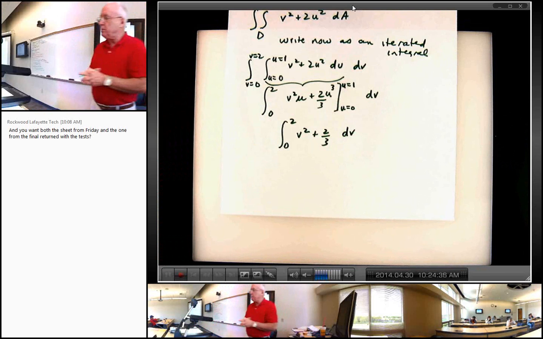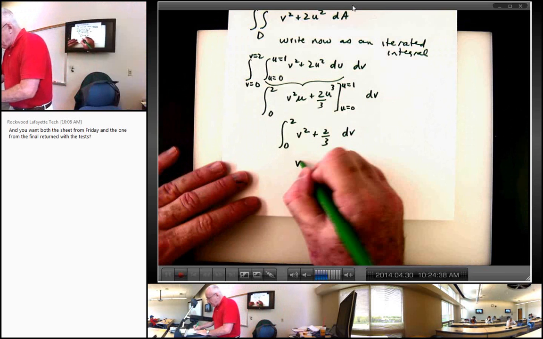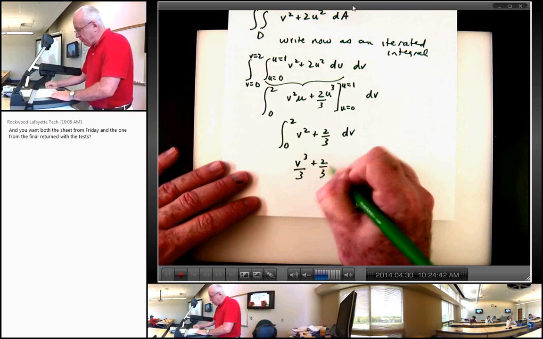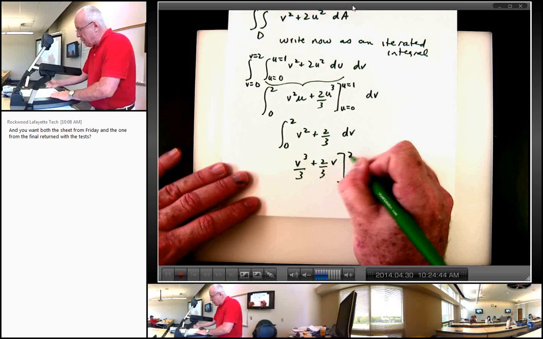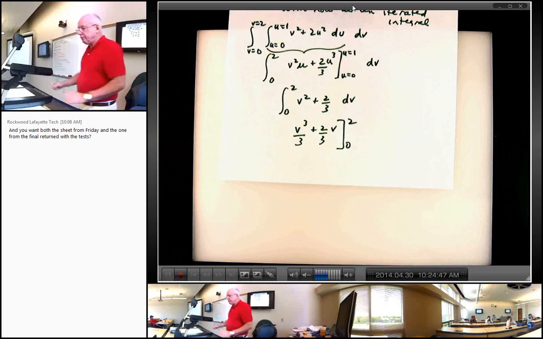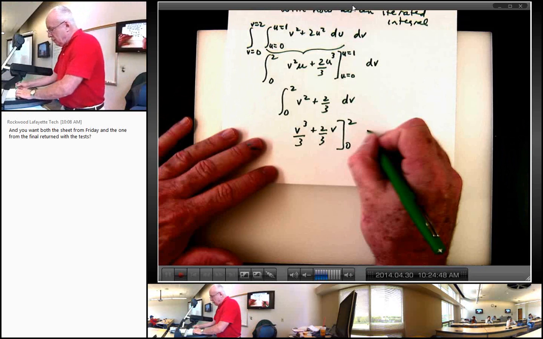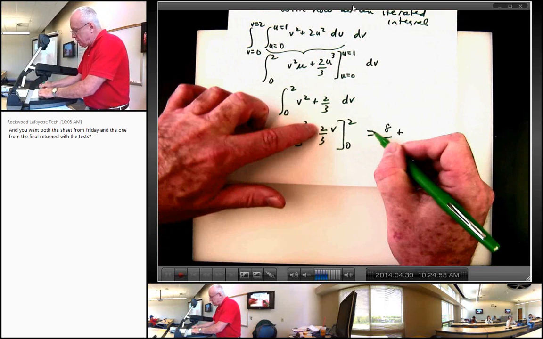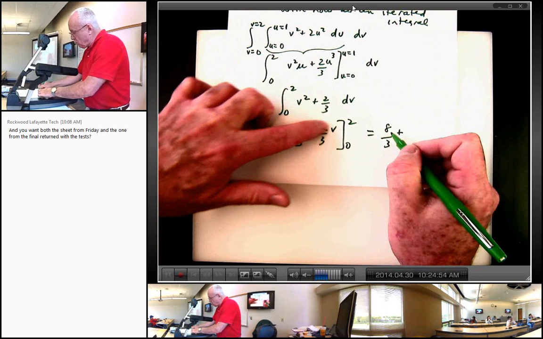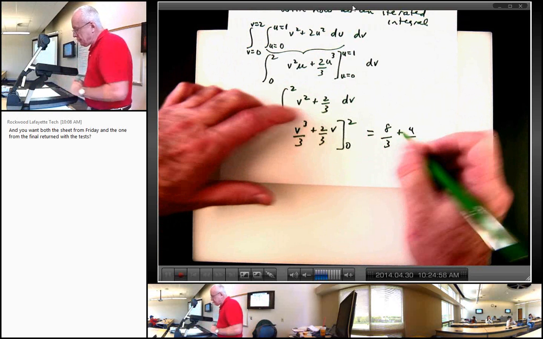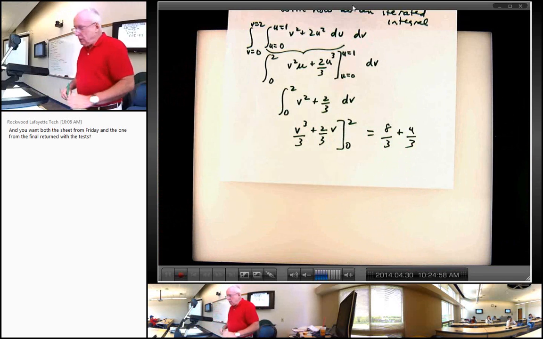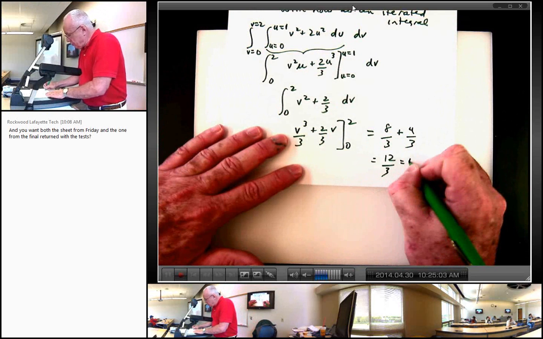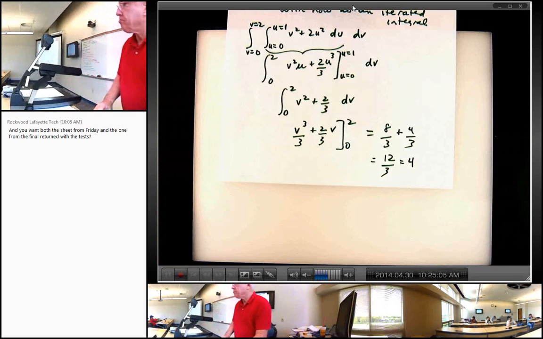Do that with respect to v. We have v to the third over 3 plus 2/3 times v, evaluated now from 0 to 2. So we have 2 to the third, that's 8/3, plus 2 times 4/3. And then it's minus 0. So we end up with what? 12/3, which is 4.